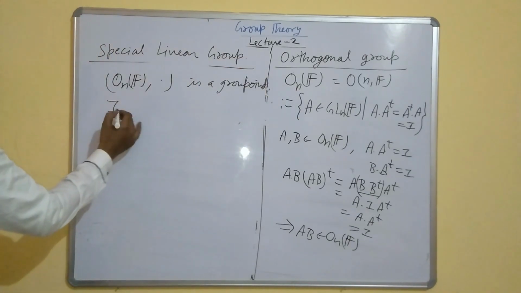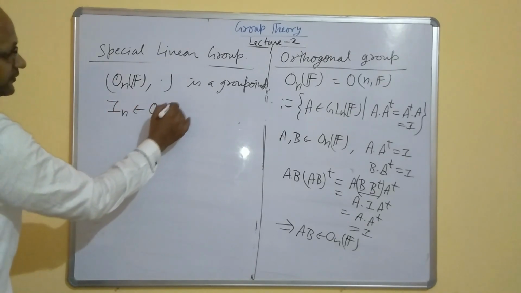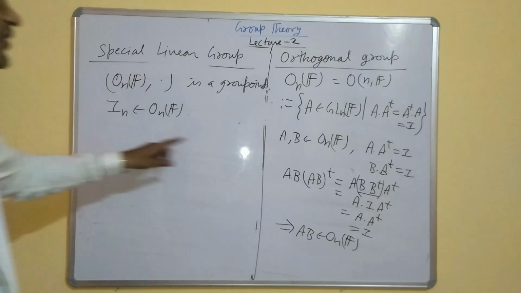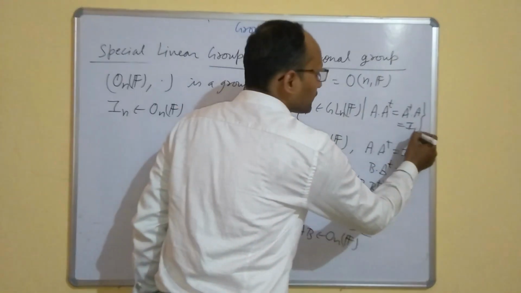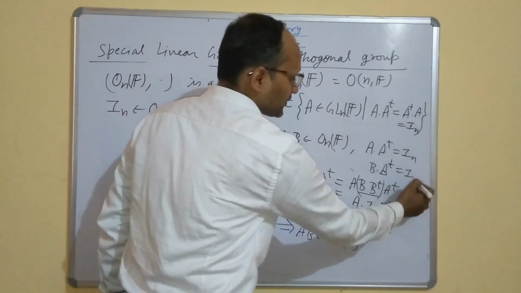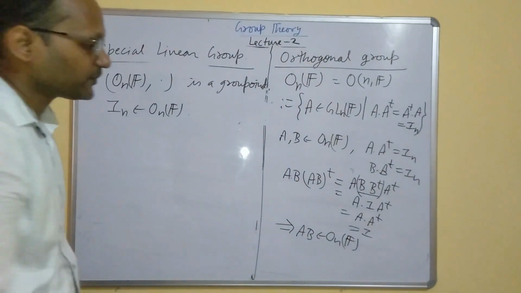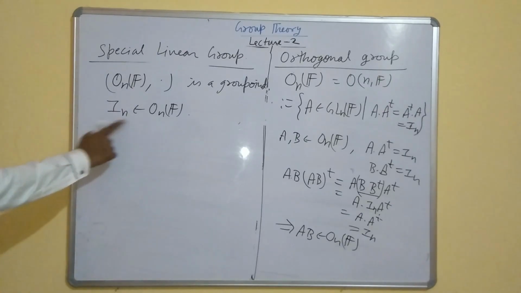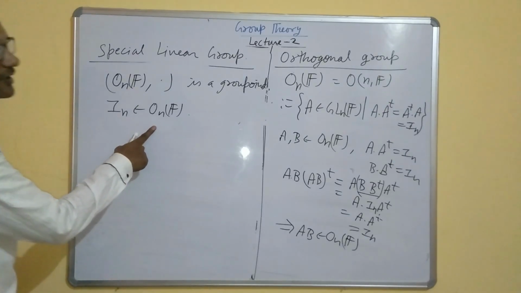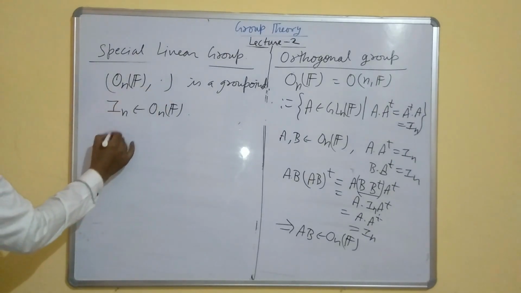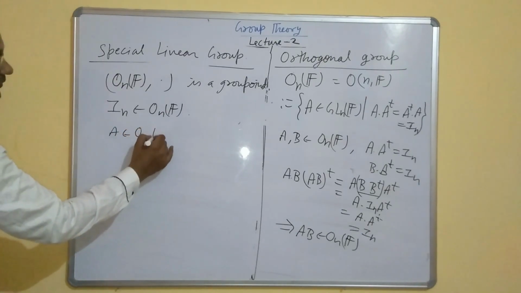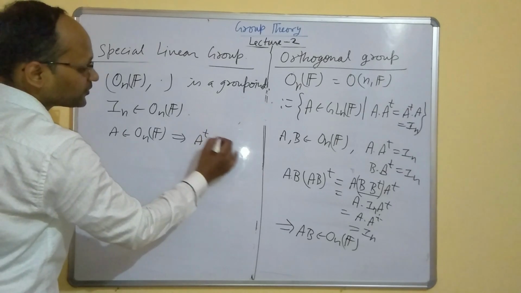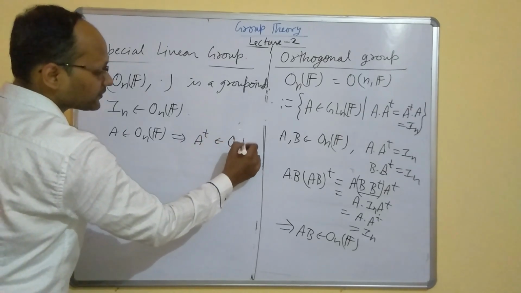Now one thing one can observe is that In belongs to OnF, because In transpose is In and In into In transpose is In again. So this is the identity. So the identity element belongs to it, and also if A belongs to OnF, then this implies that A transpose also belongs to OnF.